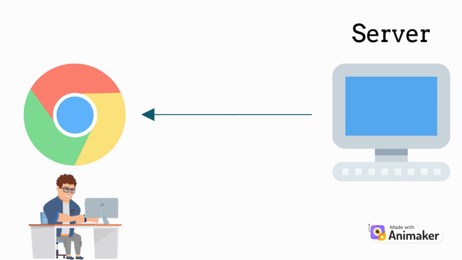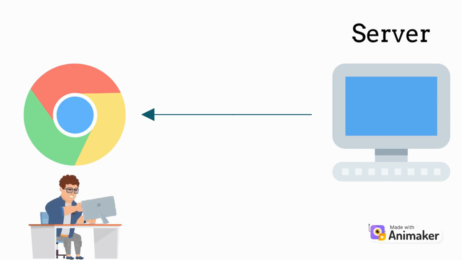Now again the user will see the updated page. So this is how client and server work. There is another concept, single page application, that we can look into in other videos while learning the client side frameworks. Now, where does JavaScript come into the picture?